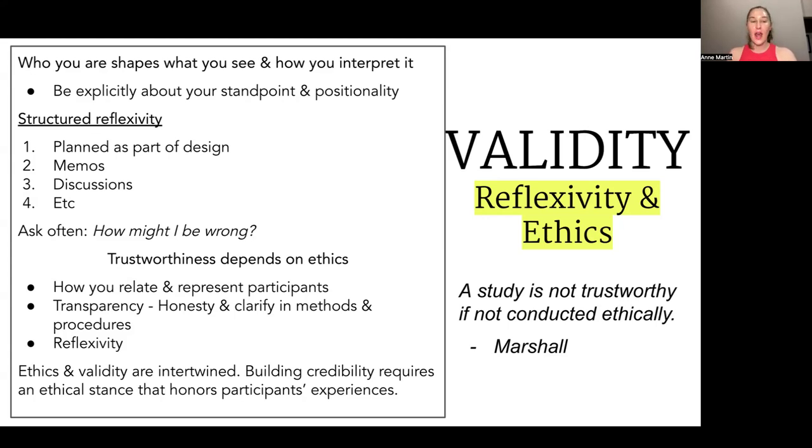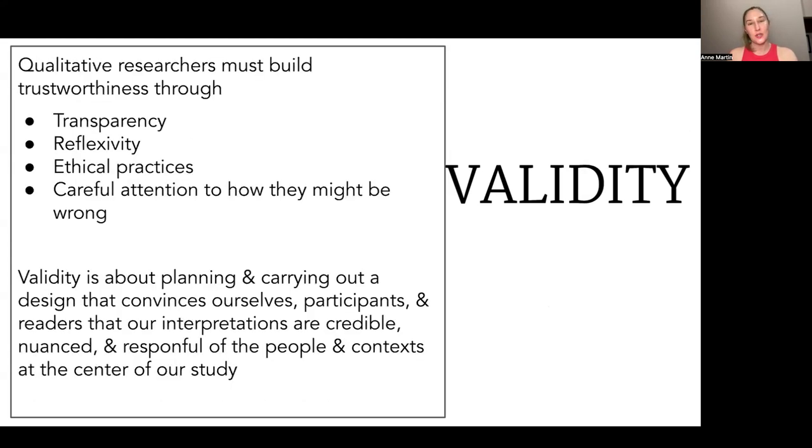So thinking about ethics and validity as being intertwined. And if you want to have credible research, you need to have an ethical stance that honors participant experiences. So when you are building trustworthiness, you need to have transparency, reflexivity, ethical practices, and those methods that allow you to have careful attention to how you might be wrong.